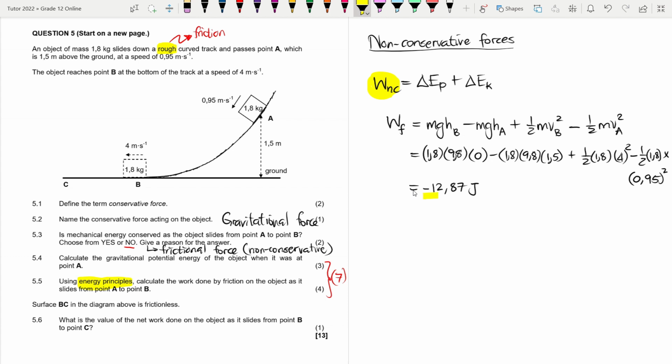So people still forget to write the units, but just make sure you remember, guys, you don't want to lose a mark for that. So the way they would mark this, you already by now know the gravitational potential energy at point A, which is this one here.